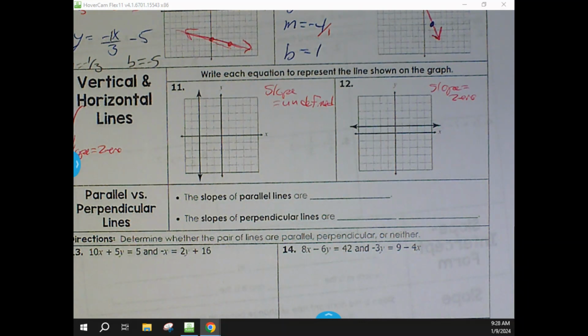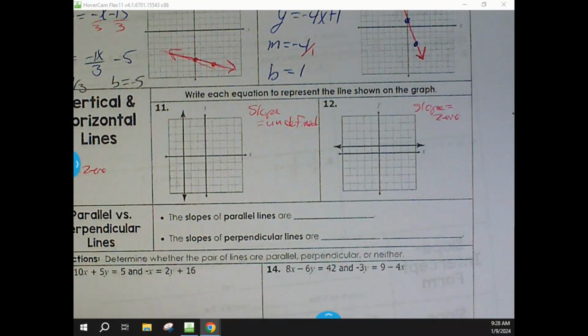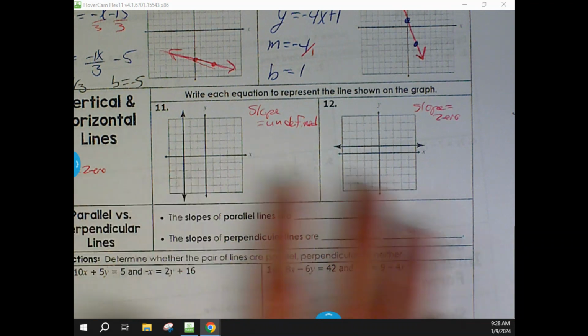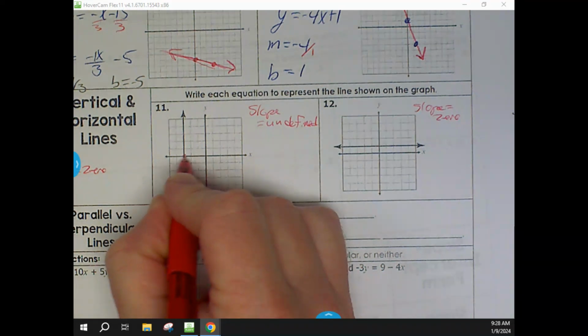Vertical and horizontal lines. There's no left side up, right side down kind of thing on this one. It's either everything's one direction. It's either vertical or it's horizontal. So when you get to these two, you're only going to use one letter. If it only goes one direction, either vertical or horizontal, because there's no tilt to it, you only get to use one letter. And the letter you use is the letter that it hits on with the axis.